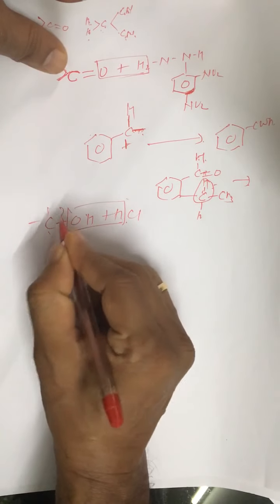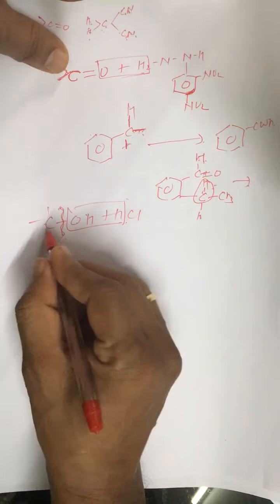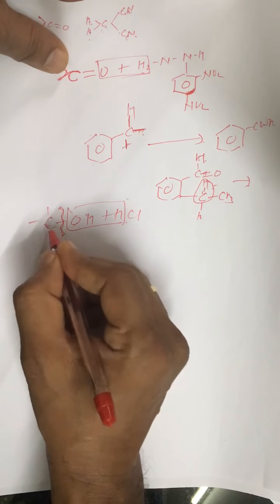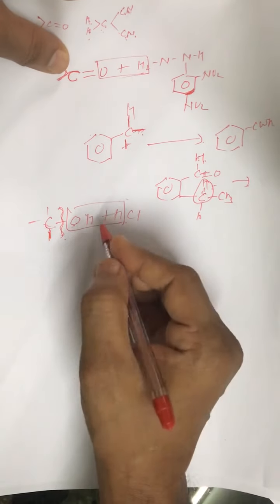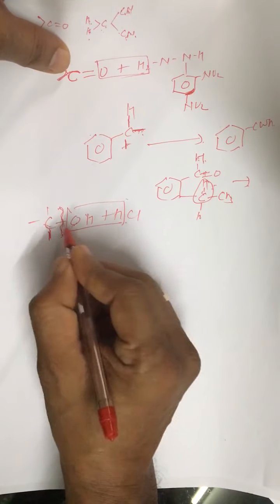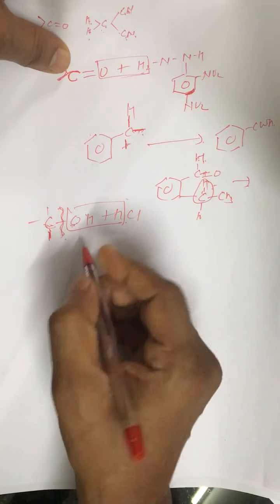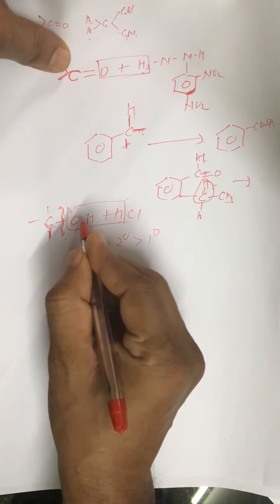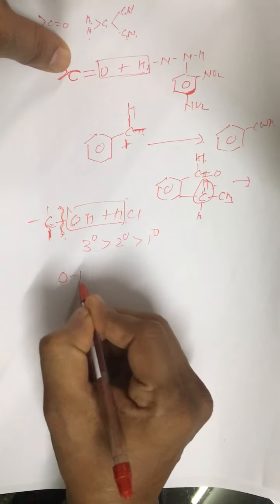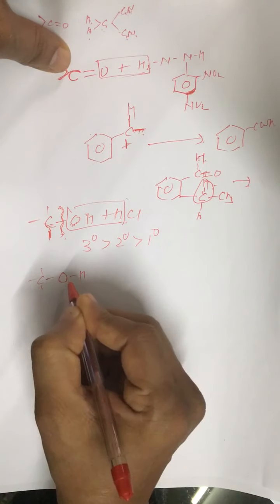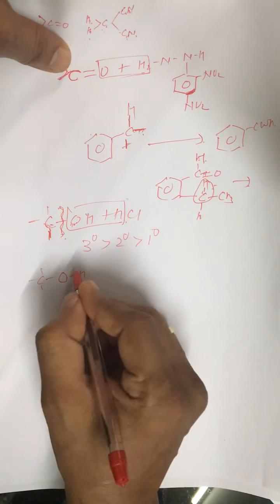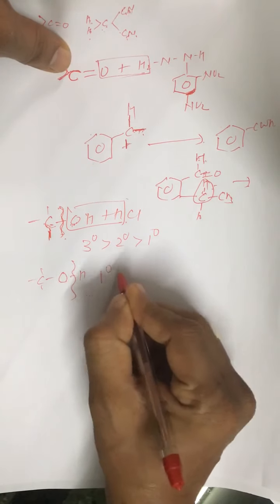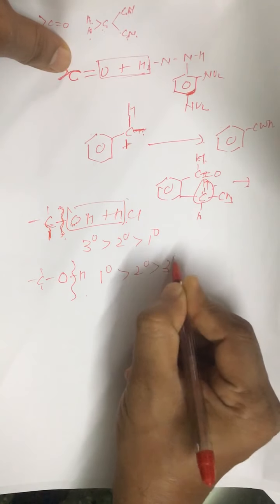So which bond is getting broken? That is the C-O bond. In alcohols, two types of reactions are there. One in which C-O bond breaking takes place; in such reactions the reactivity order follows this. And if O-H bond breaking takes place in a reaction of alcohol, like with sodium metal, then the reactivity order follows 1 degree, 2 degree, 3 degree.